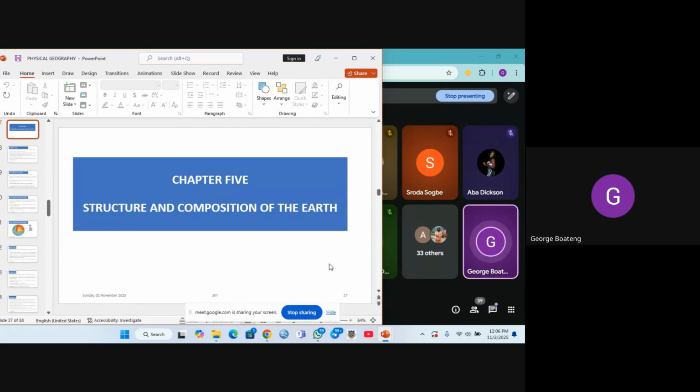So what it means is that we must first have the structure before having the composition. So in terms of the structure, how many do we have? What do you think? The structure of the earth.